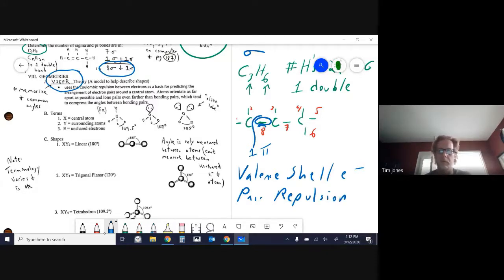And what it means is that atoms are going to repel each other, and electron pairs are going to especially repel each other. And I have a more formal definition right here that you should read.